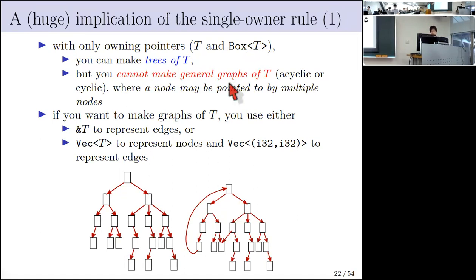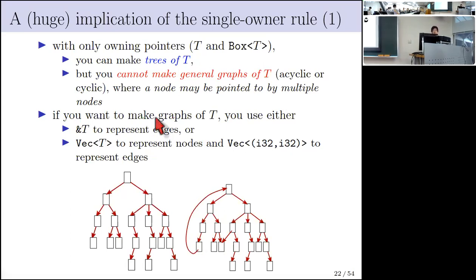But you can never make a general graph of T, either cyclic or acyclic, only with owning pointers. Because this is not a tree. You have some pointers pointing to the same node, or there's a cycle like this. If you want to make a data structure that looks like this, you need to have at least one node pointed to by two or more owning pointers, right?